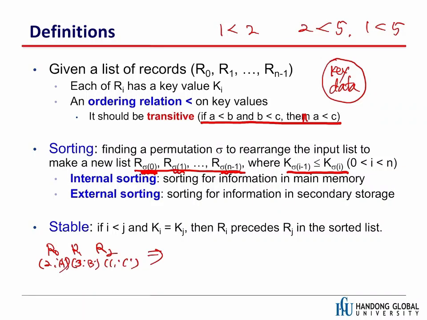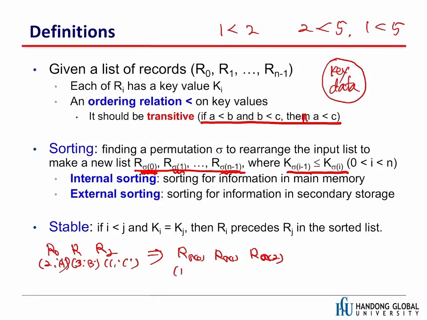And sorting is to make a new list like R sigma 0, R sigma 1, and R sigma 2. In this case, the answer is simple.